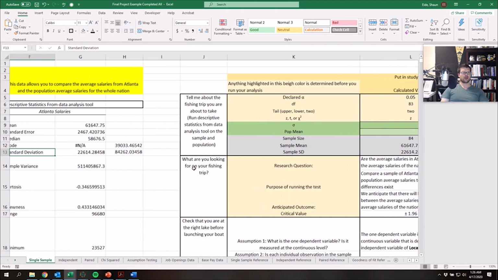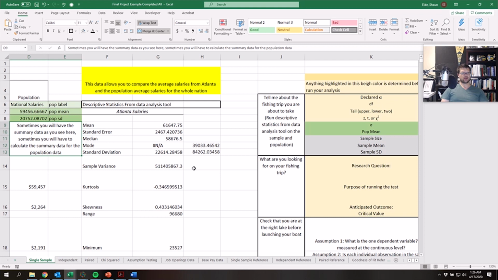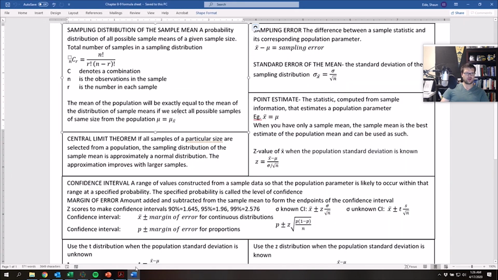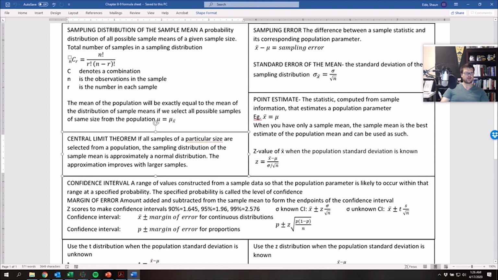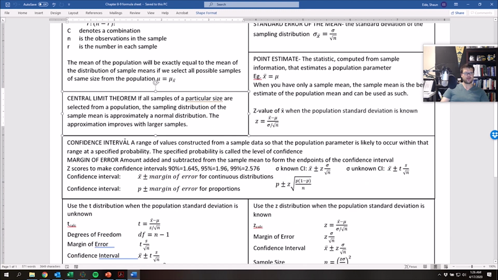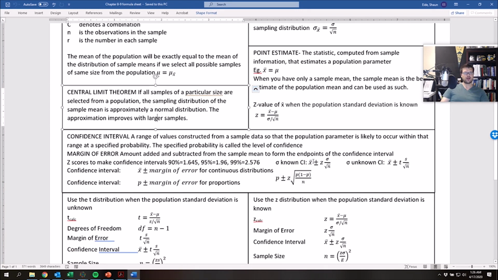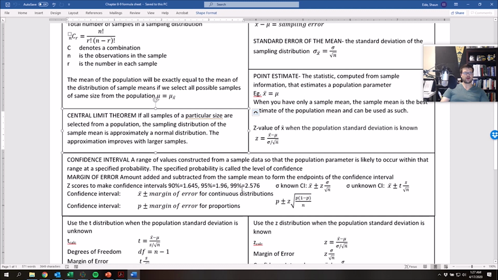That's a great question. So the way that we get the margin of error, let's see here, we're going to come right up here to find the margin of error again, and we're going to pull up this fun sheet. Okay, so margin of error. The margin of error is going to be the z-score multiplied by the standard deviation divided by the square root of n.